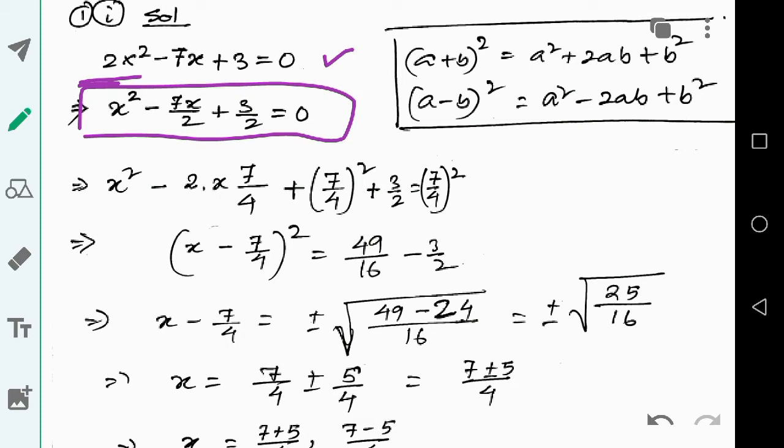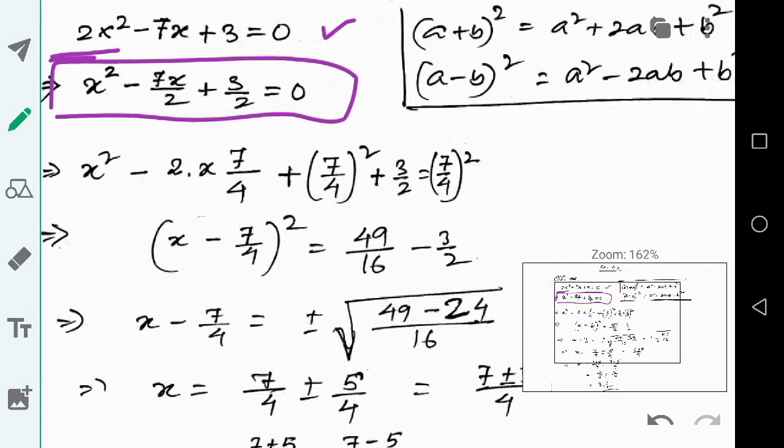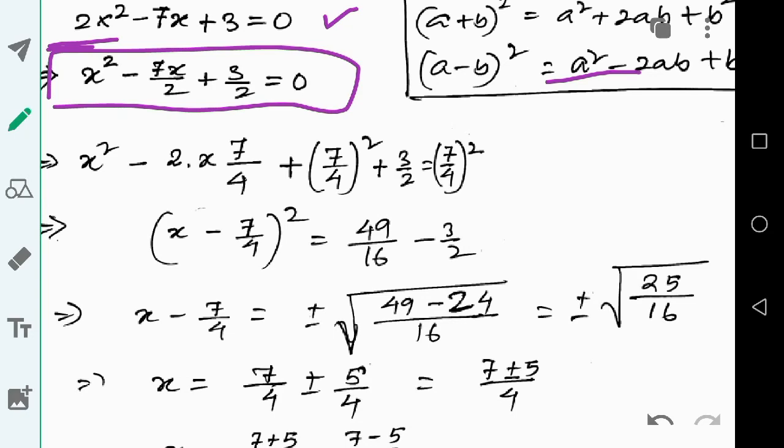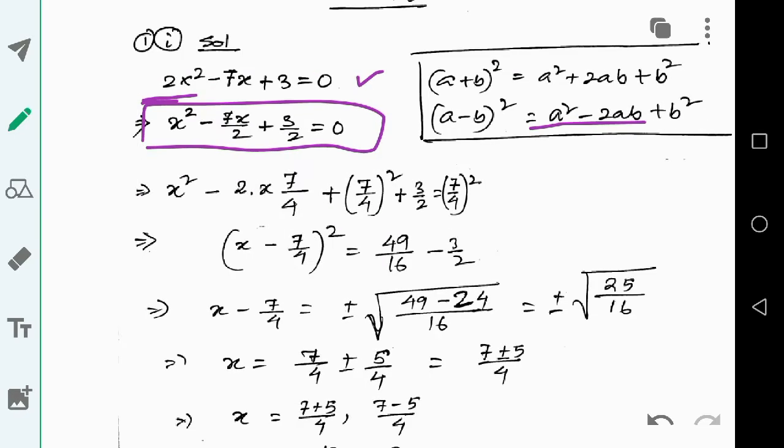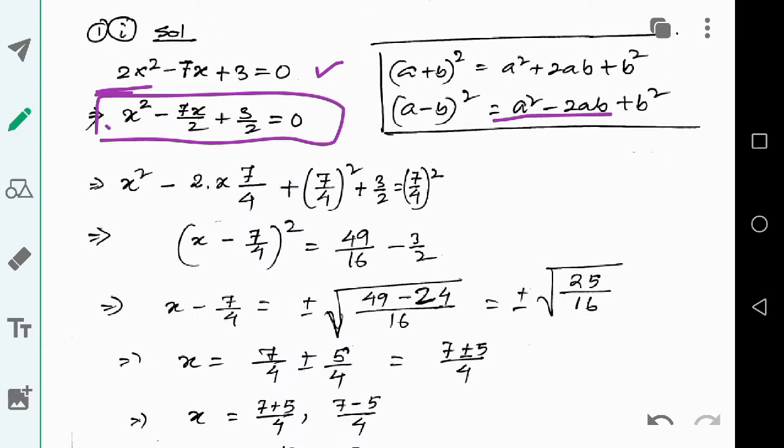Now in order to obtain the form a square minus twice ab plus b square, we have to consider x square as a square. Then minus twice ab, there should be a 2, and this x is written here.